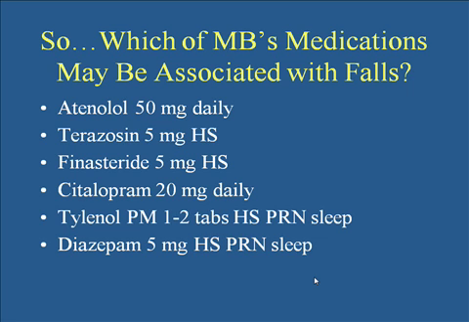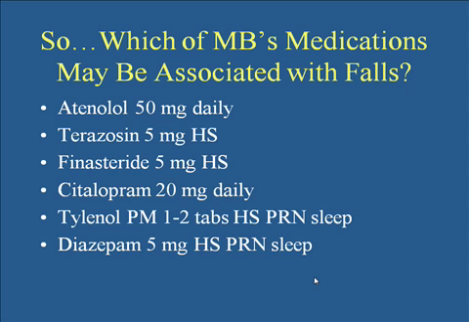So, I could certainly make a case for picking a few here. Probably the most obvious would be the Tylenol PM, the terazosin, and the diazepam, which would be the three biggest targets. Terazosin being an alpha blocker, we could use now the generic version of Flomax, which is a little bit more selective.